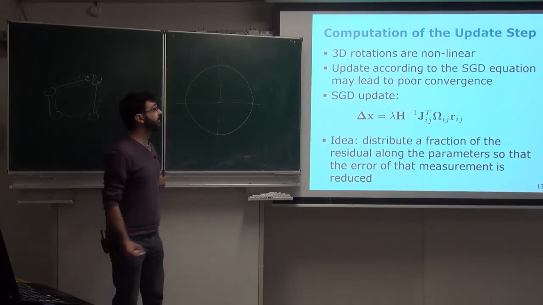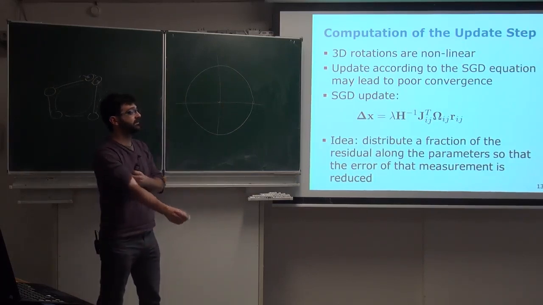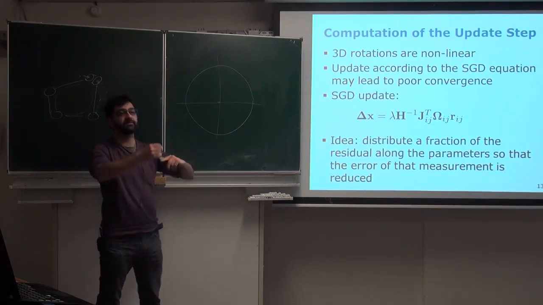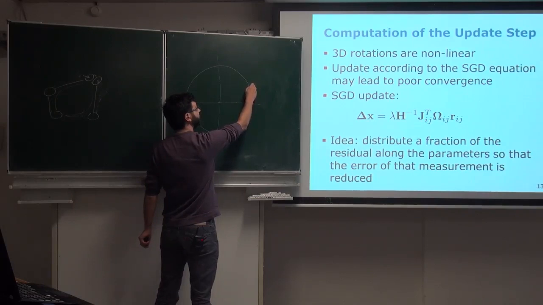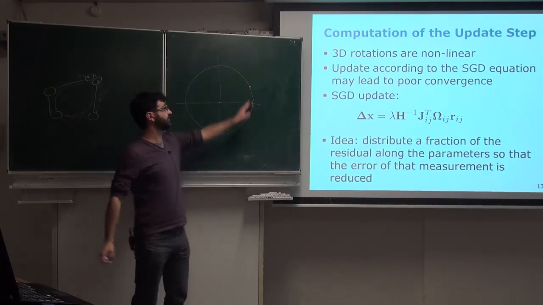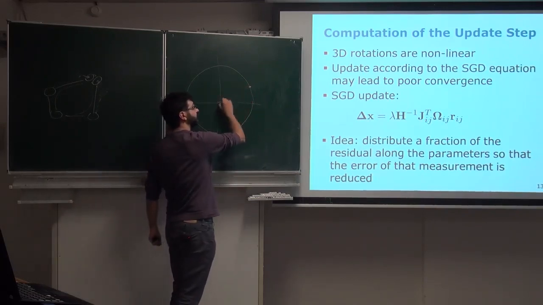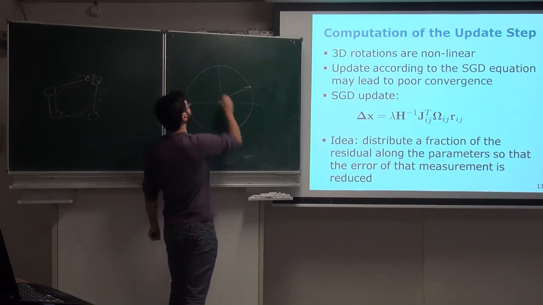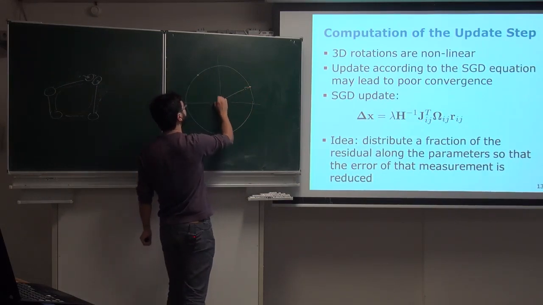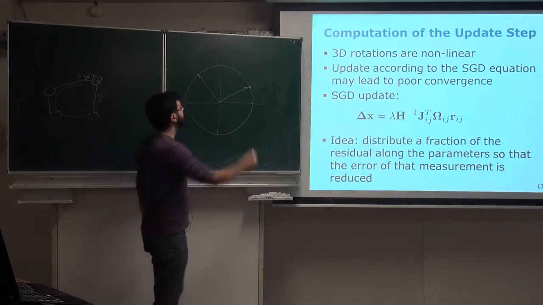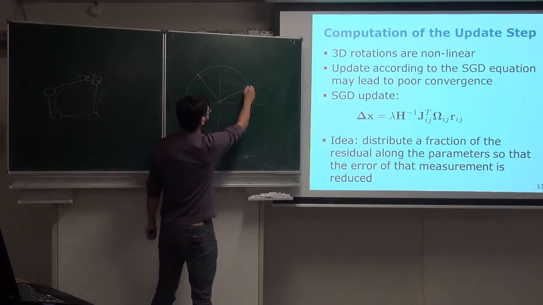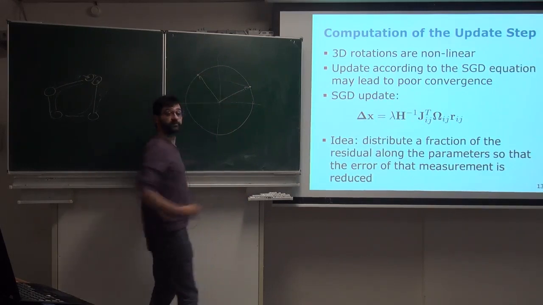Now, if you use the incremental linear parameterization, and you have one rotation, one vector pointing there, and one vector pointing here for another rotation, when you try to interpolate them linearly, you will just get something on this line.